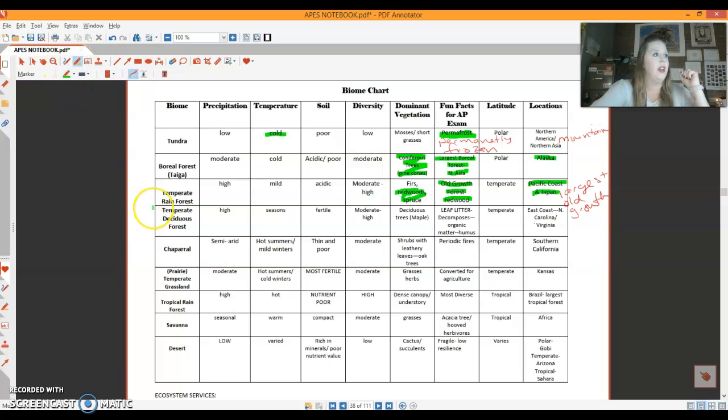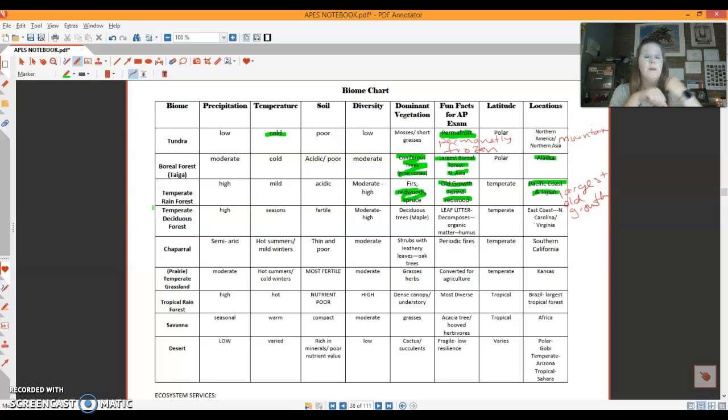Now, I know you guys learned the difference between deciduous and coniferous a long time ago in elementary school, and I guarantee you don't remember. But I just gave you a hint for the coniferous forest. Remember, cone, coniferous, pine cone, evergreen, pine tree, okay? The other type we have is deciduous. So that is what we have in most of the United States.